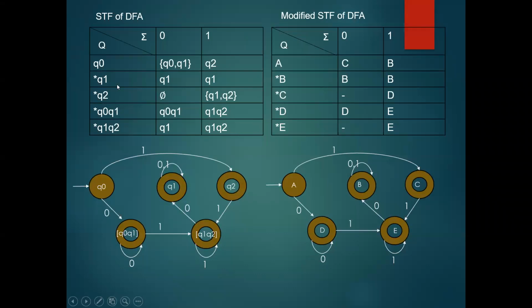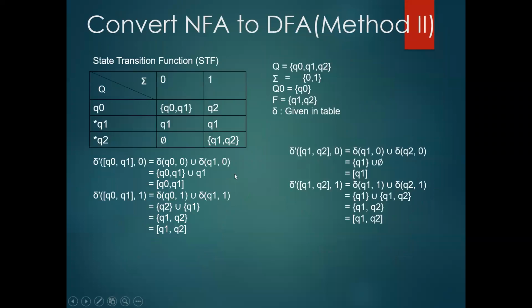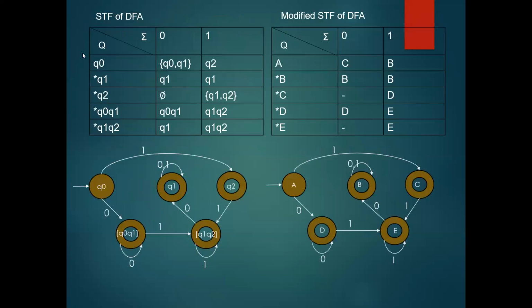One more thing I want you all to observe here. Q1, Q2, Q0, Q1, and Q1, Q2 are all marked as final states. Why is it so? Because in the NFA, Q1 and Q2 are marked as final states, so all those states which contain Q1 and or Q2 will be marked as final states. Q1 and Q2 are marked final, no issue.